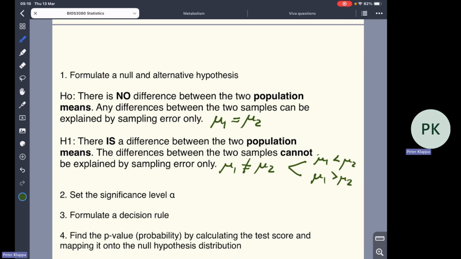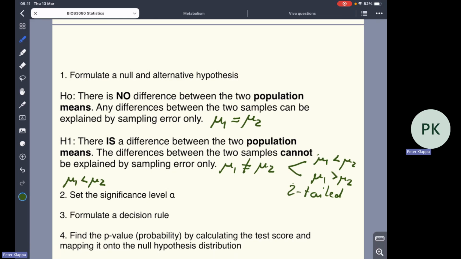And because we've got two options, the test that we are going to do is what is called a two-tailed test. Of course, we could also say, well, we are predominantly interested in whether mu1 is smaller than mu2. Anything else is not of interest.